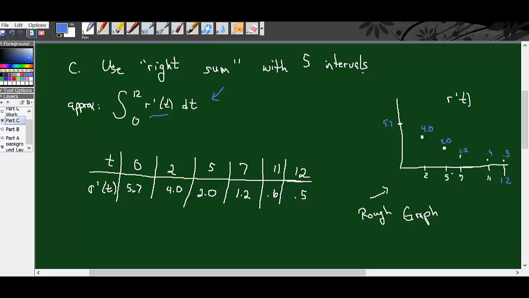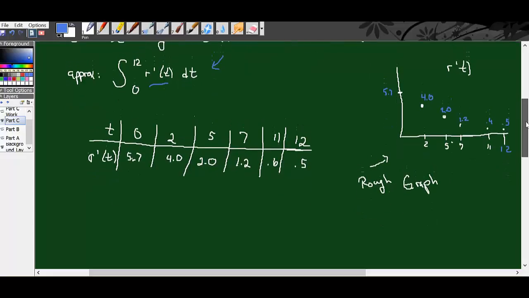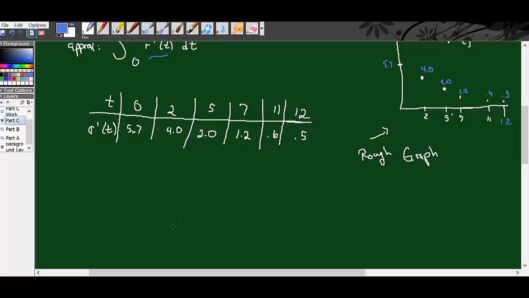Now, it says use a right Riemann sum with 5 subintervals. Well, since I don't have a function, I can't really take 12 divided by 5. So I have to take the information I'm given. Also, since they asked for a right sum, that's going to be this one, right?